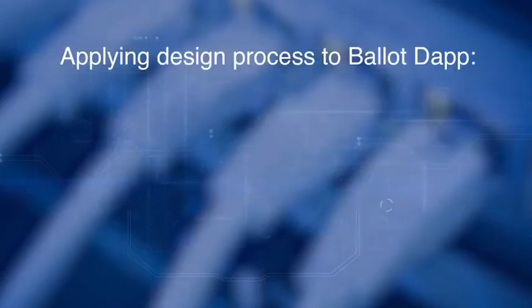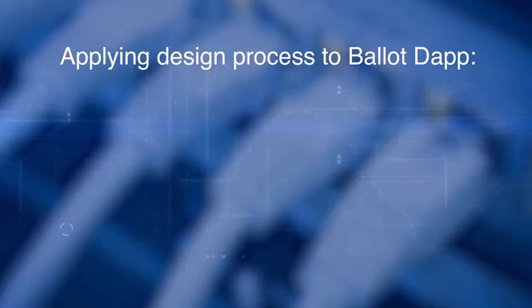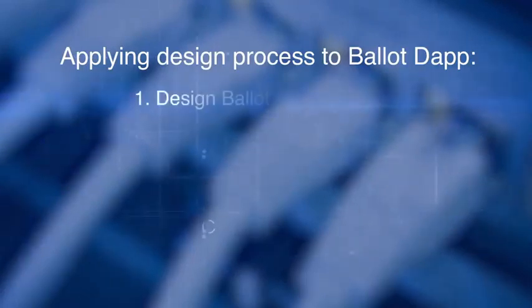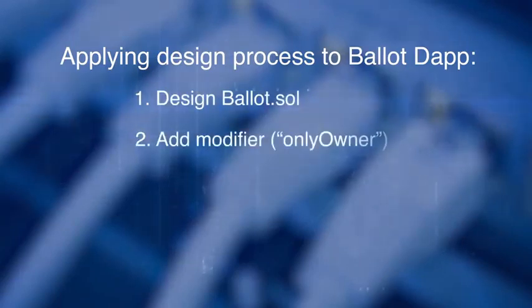Applying the general design process just discussed to the ballot app requires 5 steps. Step 1, we'll design the ballot.sol. Step 2, we'll then illustrate the modifiers with just one modifier, onlyOwner, referring to the qualified person as the chairperson. Recall that in the design of a smart contract, you can use modifiers to represent global rules.